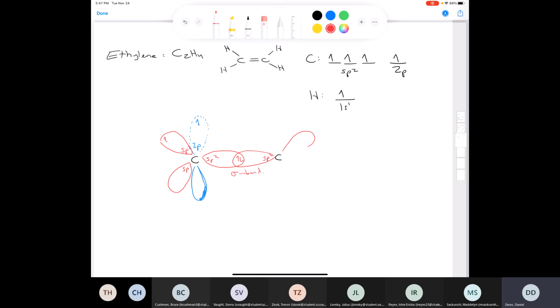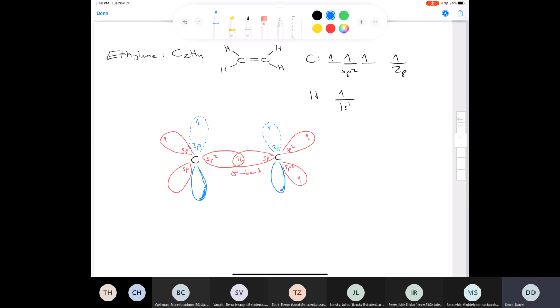I'm going to have another sp2 orbital here and another sp2 orbital here. Label them. We each have an unpaired electron like that. And then I don't want to forget my 2p orbital. Our lobe's just going to be going in the back like this. I'll label it, 2p, put an unpaired electron, and the other one's going to be coming out in front like this, like that. So there's my 2p.